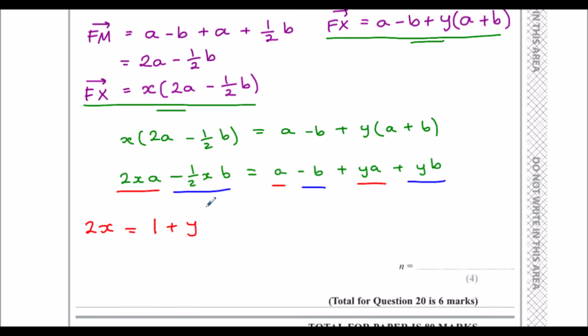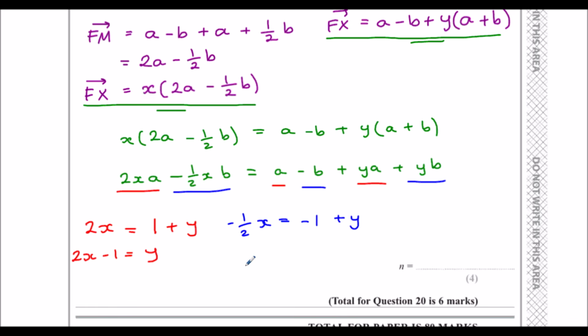And for the b's, I've got minus a half x equals minus 1 plus y. And, well, I want to eliminate y. I want to find x. For the red equation, I'll take 1 away from both sides. 2x minus 1 equals y.